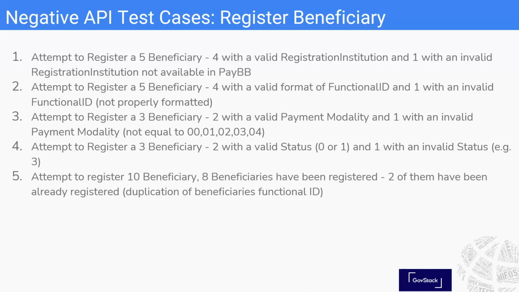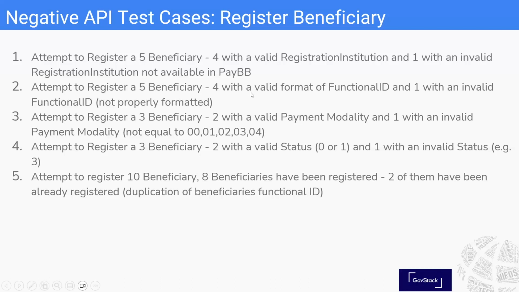So if some entity sends in a request and that institution ID is not registered in the system, that request would not be entertained. So if you're trying to register beneficiaries and the registration institution ID for 4 is fine, 1 is not, then that one should be rejected, and a reason for that rejection would be sent back.